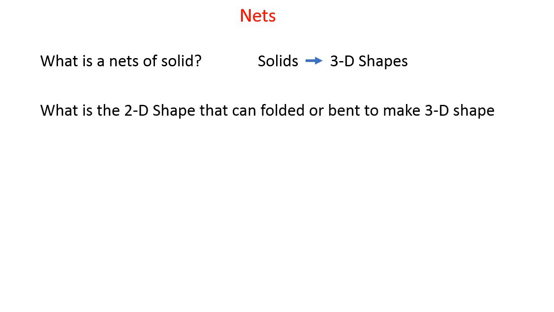Now, what is the 2D shape that can be folded or bent to make 3D shapes? As you remember in the previous slide, we said that these flat shapes we can bend together so we can form a solid, or a 3D shape. And if we can form a 3D shape, that means this is a net.